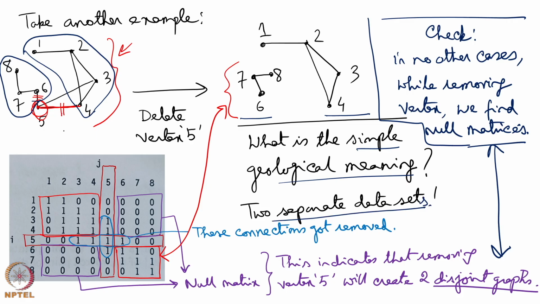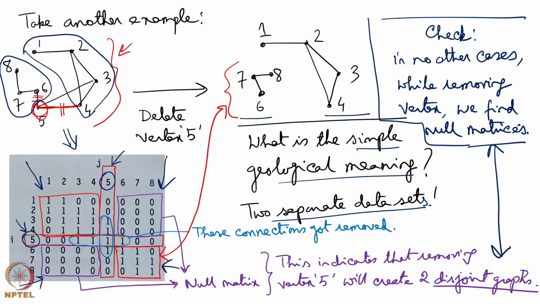If we look at the matrix of this graph, the parts we were deleting are marked by the red rectangles. If I draw these rectangles, we find that we are separating the entire matrix into 4 parts, part 1, part 2, part 3 and part 4.